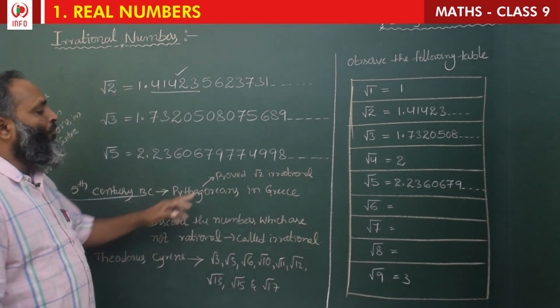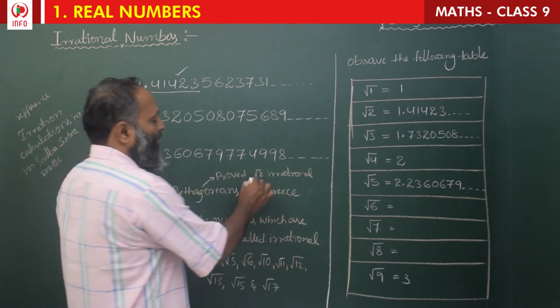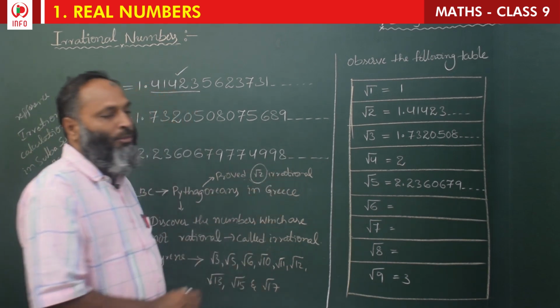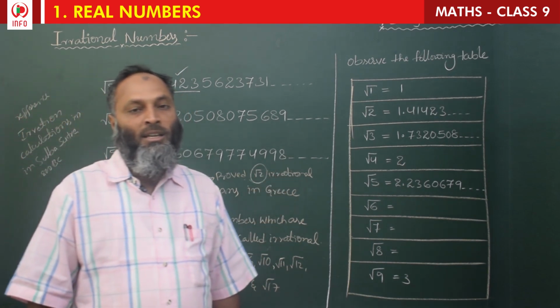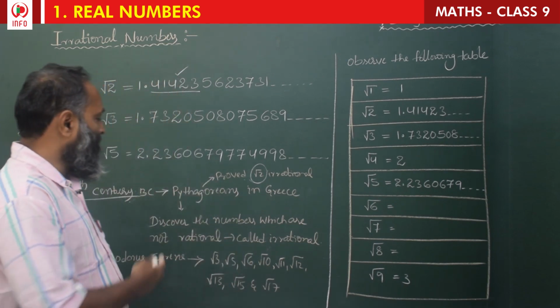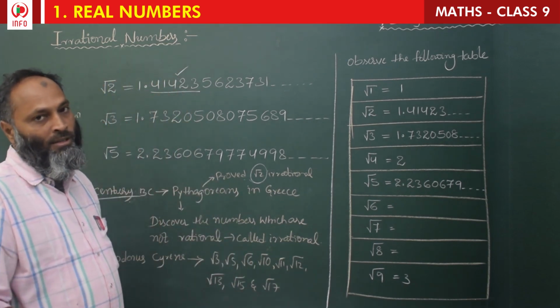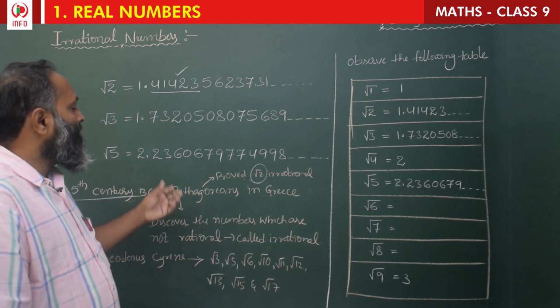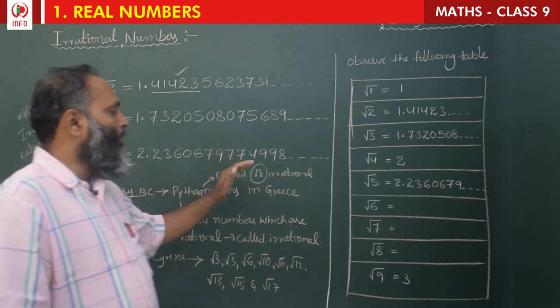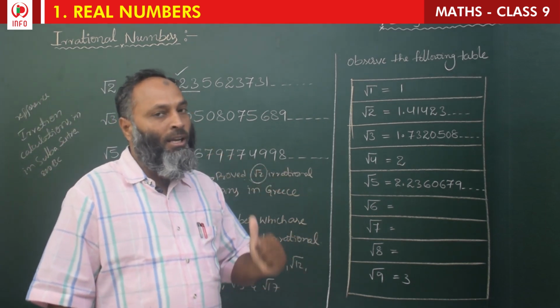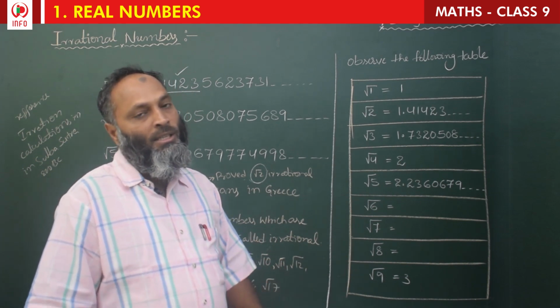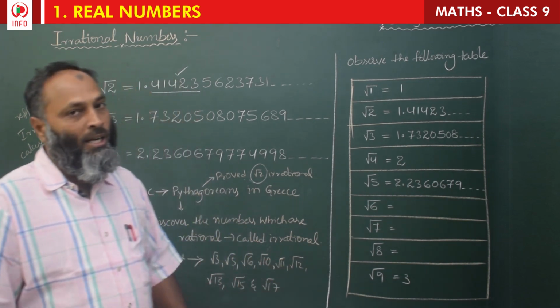First, they proved that root 2 is an irrational number. So the great philosopher and mathematician Pythagoras' followers proved that root 2 is an irrational number in the 5th century BC.